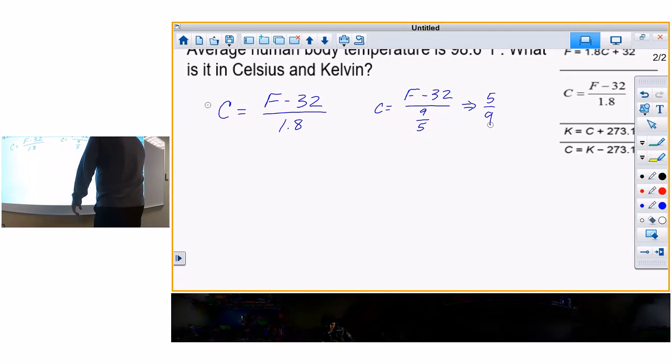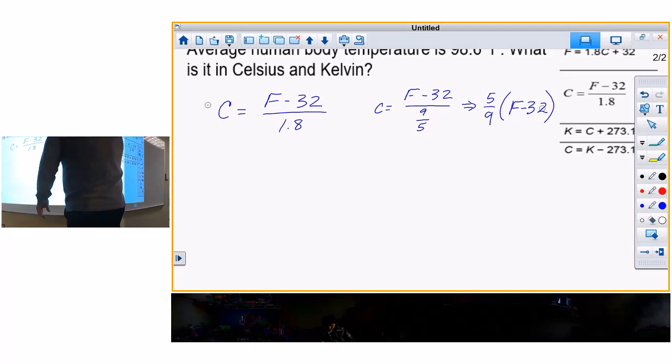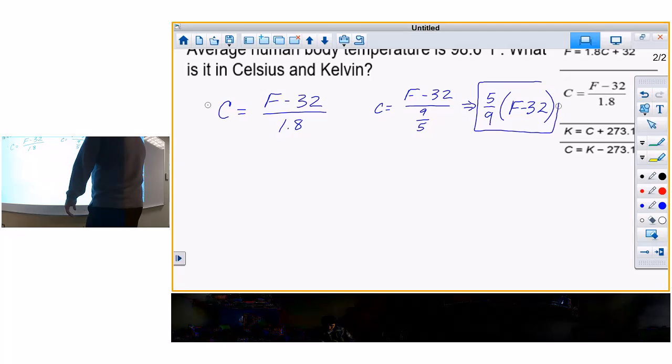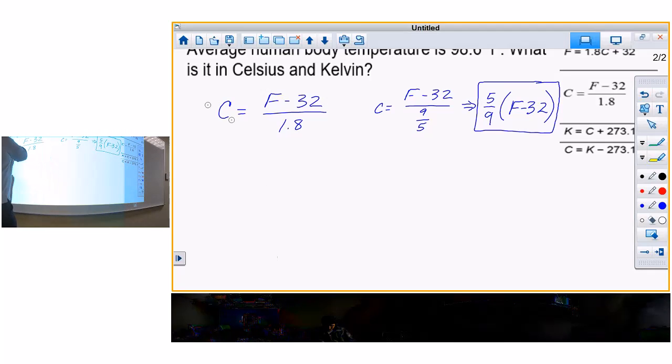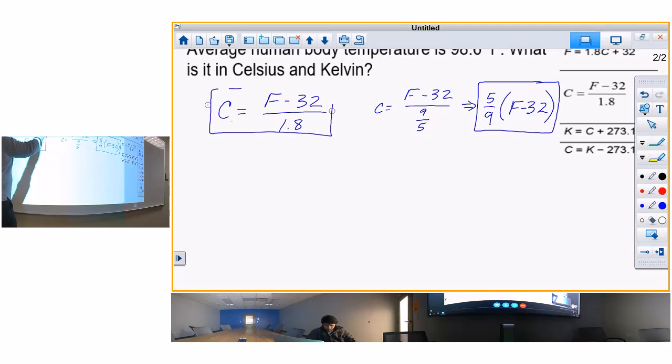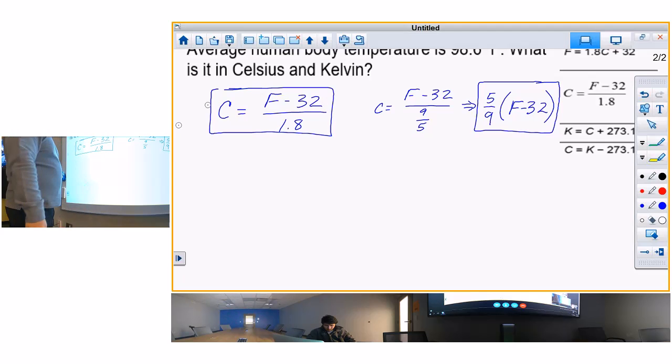That's right, class. C equals 5/9 times F minus 32. So you might see it written like this. Has anybody ever seen it written like that? No. Okay, well both of these are the same thing: 5/9 times F minus 32, and F minus 32 over 1.8.